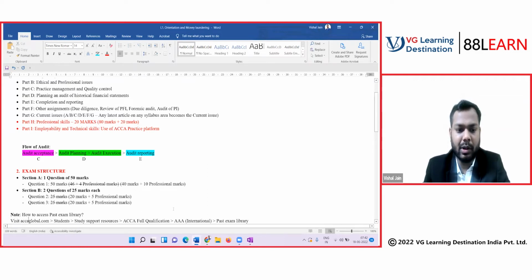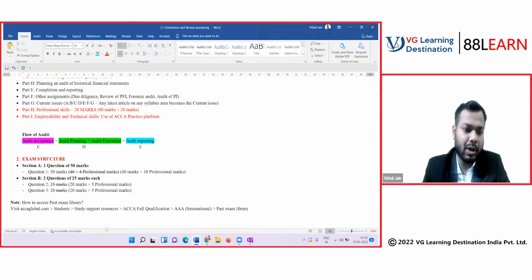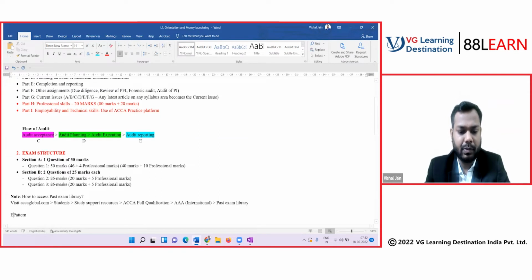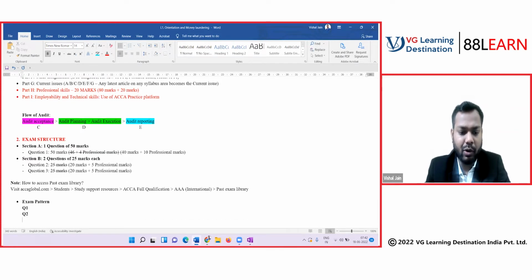In the exam pattern, you have to understand what question number 1 will test, what question number 2 will test, and what question number 3 will test.